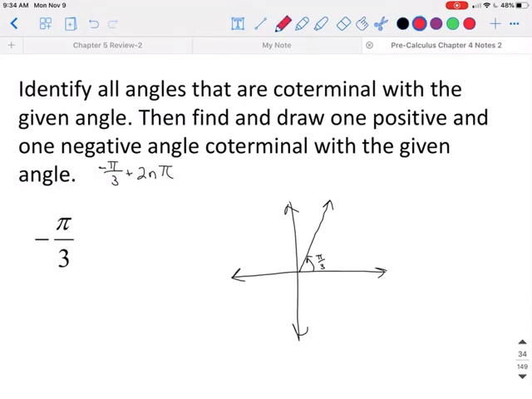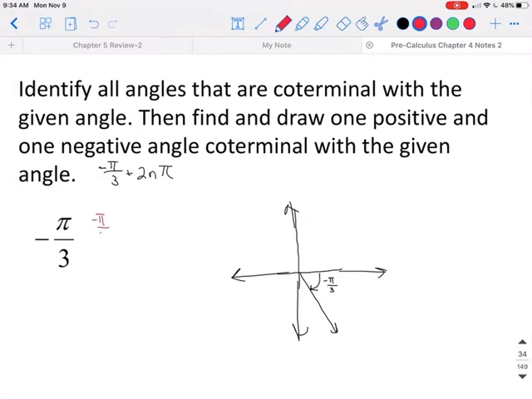Now, to find a negative coterminal, this is a negative pi over 3, not a positive pi over 3. So let's change our picture. Negative pi over 3 would be right here.